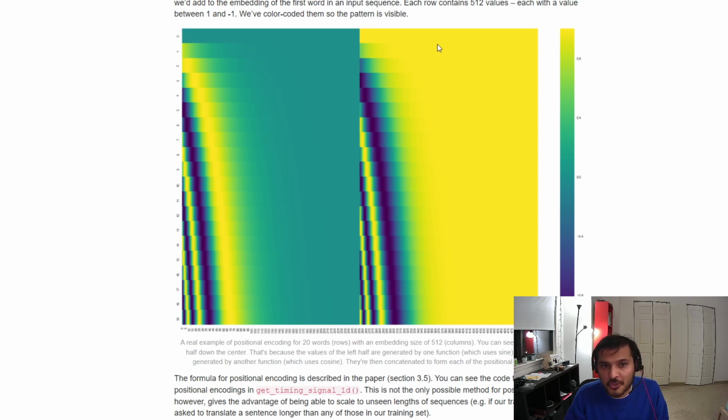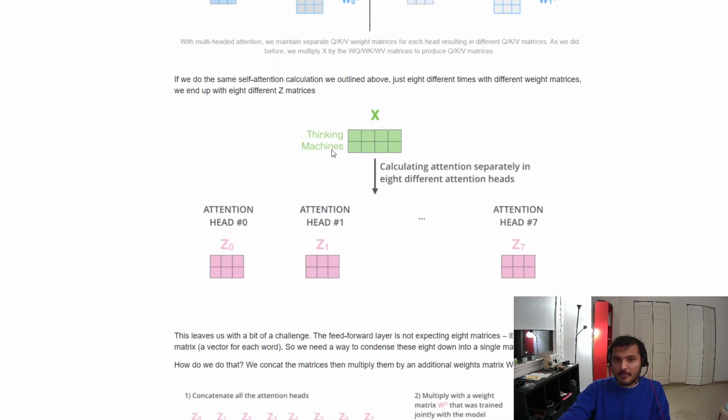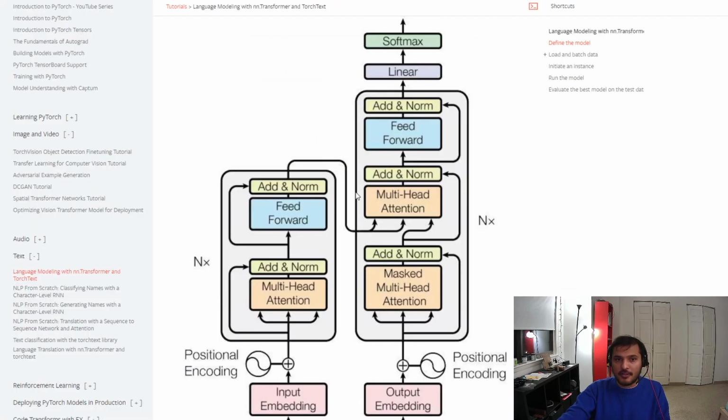So position 0 has this value. Position 1 has this value. Position 2 has this value. So these are all different values, and once you have a table of these values, it could be anything. Just make sure they're consistent and they don't match, and you can easily use them as positional encoding in your network. So that's pretty much the transformer network.